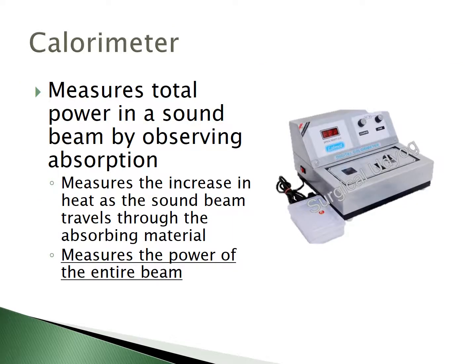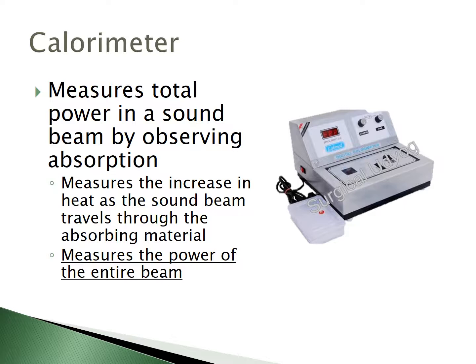The next few methods that we'll talk about are machines that test the absorption rate of energy. A very common one that is used to understand absorption and heat transfer is the calorimeter. This is going to measure the total power in a sound beam by observing absorption.